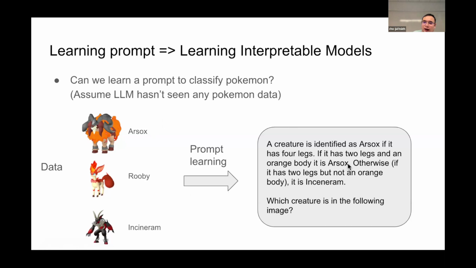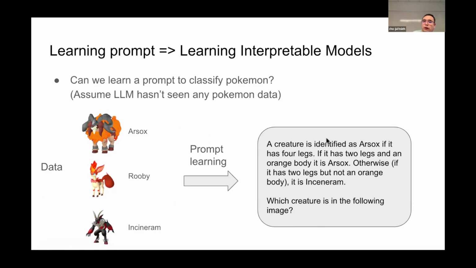It's Ruby. Otherwise, it's the third one. But anyway, this is a prompt including the description of how you make the classification. And if we learn this prompt and this prompt makes very accurate predictions, then we know this reveals how this should be classified.